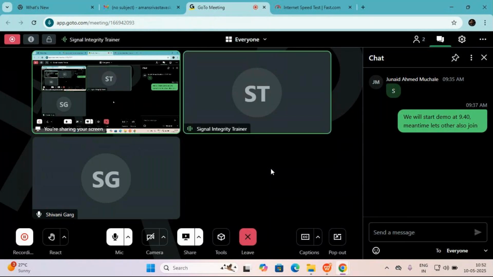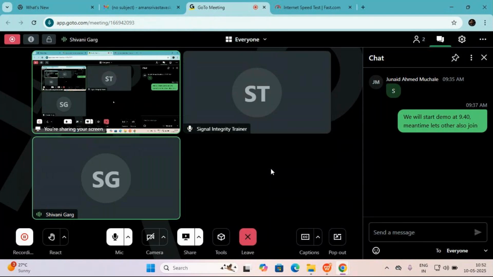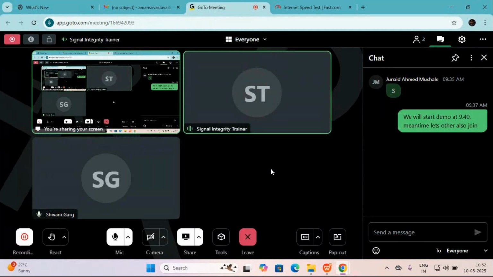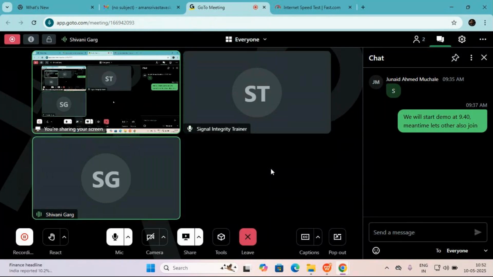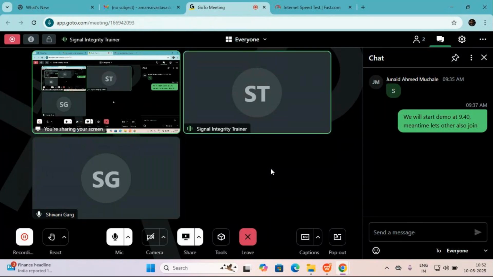Yes, no problem. You will get lab access. I guess RDP. Yeah, RDP will be 24 by 7. In the brochure they have mentioned it, right? So you will have the lab access through that RDP.